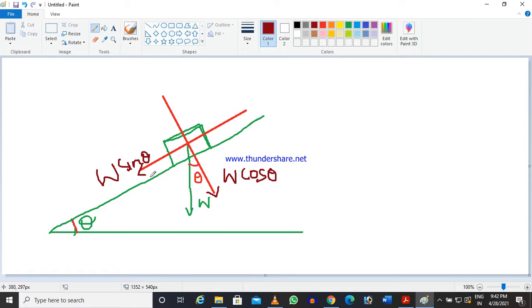Now, if the block is just about to slide downwards along the inclined surface, then the frictional drag will work in the opposite direction, and this is the vertical reaction. Now we have split all the vectors along the vertical and horizontal lines.